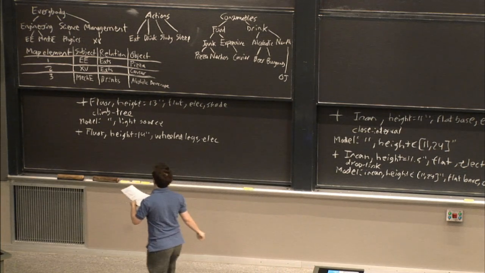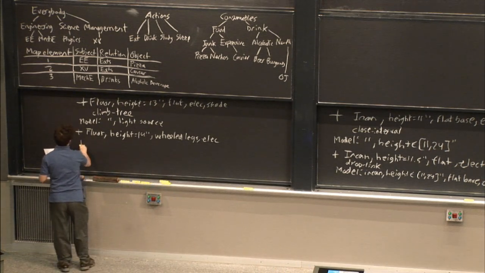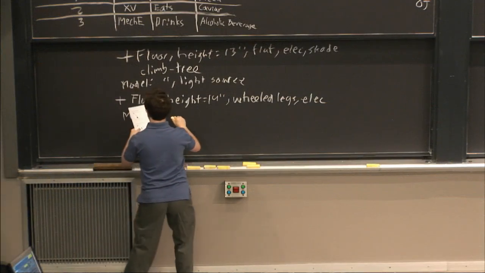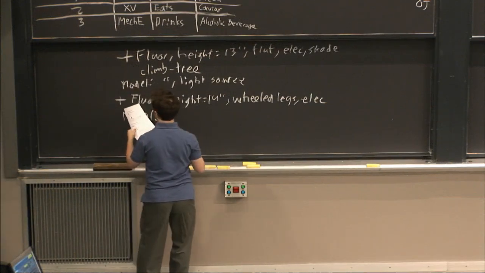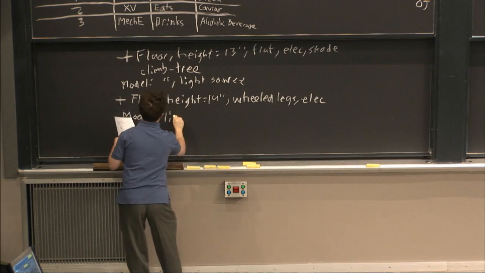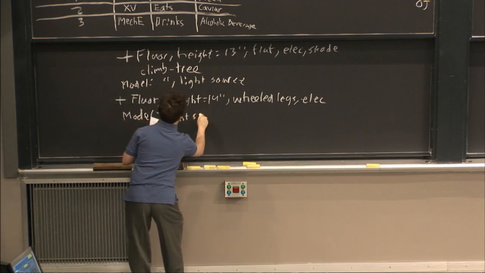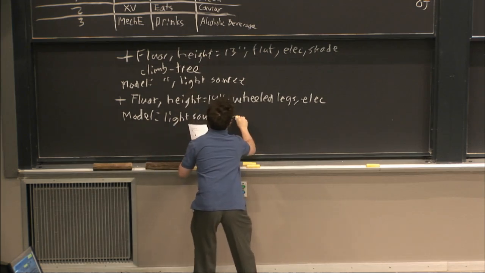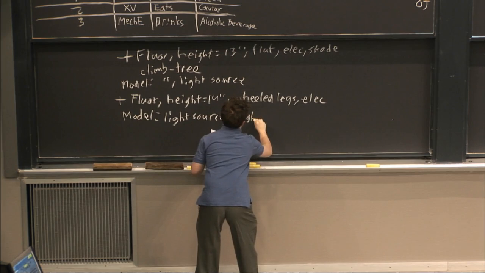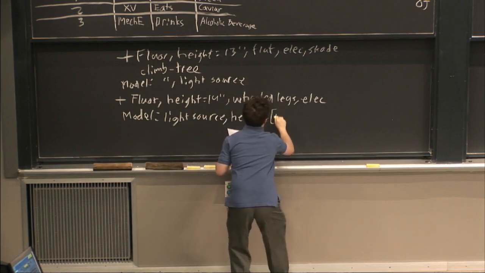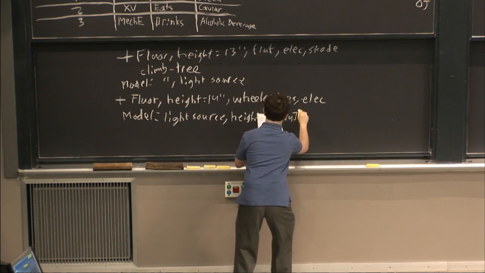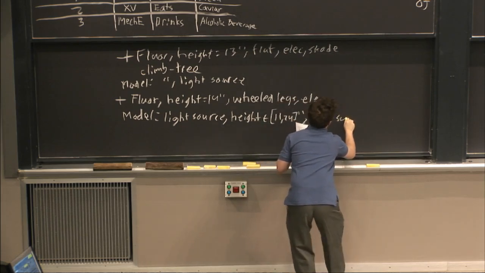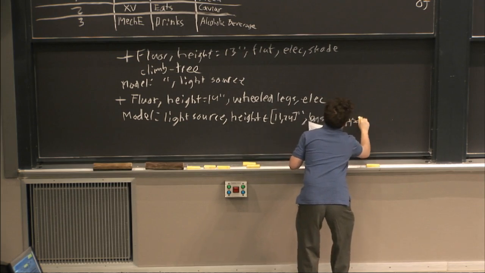So our model is the same as before, but at this point it's changed enough that I might as well write it out. So we'll say that it is light source, height between 11 and 24 inches, base support, some sort of support, and electric.